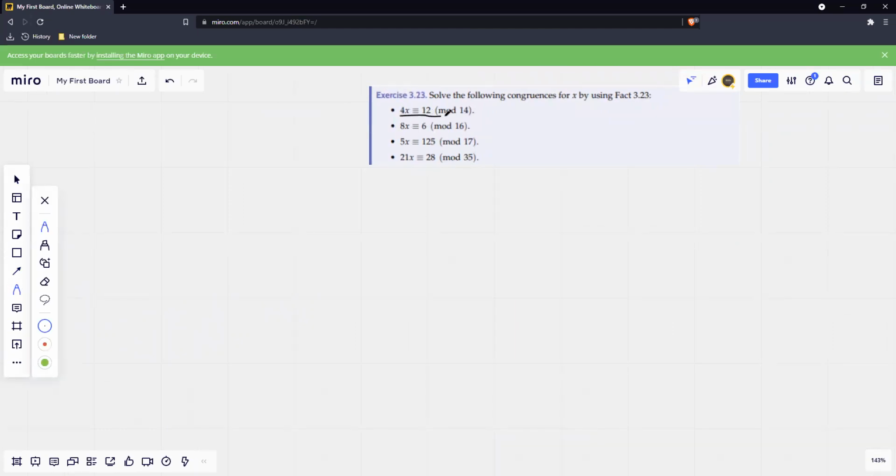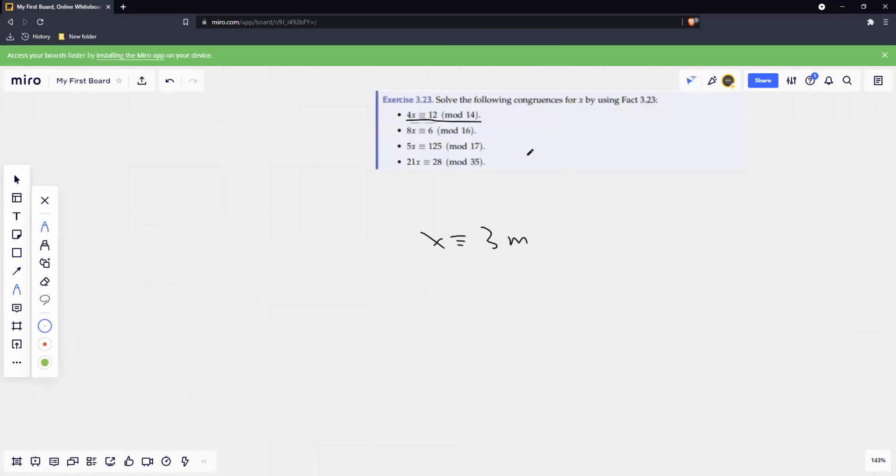So here we have 4x is congruent to 12 mod 14. We see that we can divide everything by 4, right? We want to divide because the GCD of 4 and 12 is equal to 4. If we divide everything by 4, then x is congruent to 3 mod, and then note by the fact we saw, that 14 over the GCD of 4 and 14, because we are trying to divide everything by 4, we have to take the GCD at the bottom.